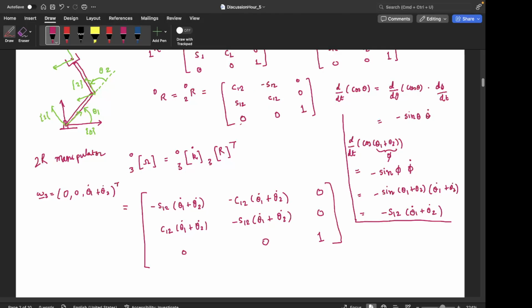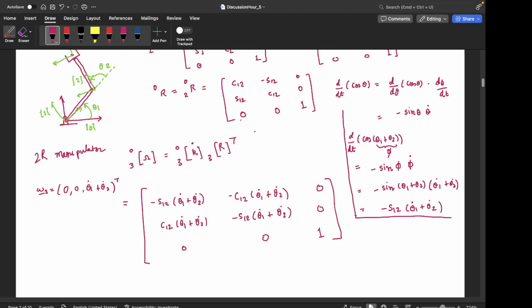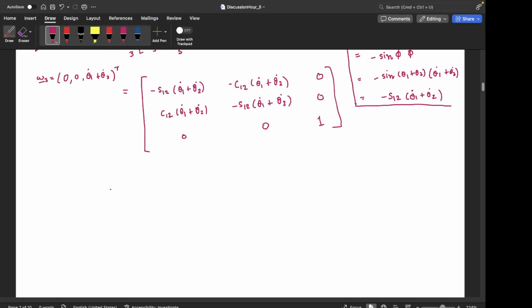And so the transpose of this would be, this first row would become the first column, and so on, right? So we can write basically here R transpose 0 3, and then here I can write, using the full space available, theta 1 dot plus theta 2 dot, right?